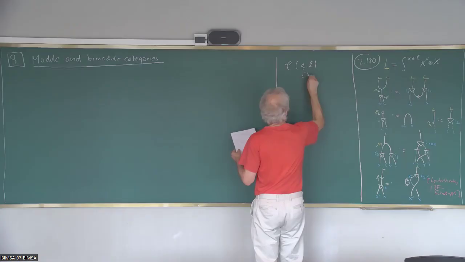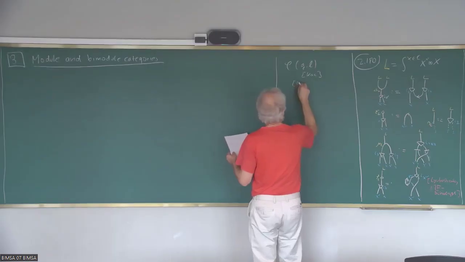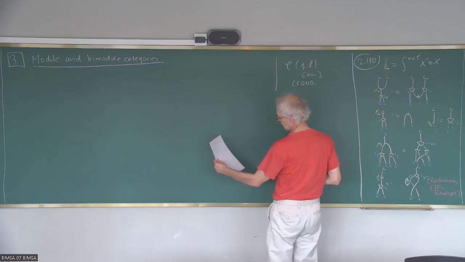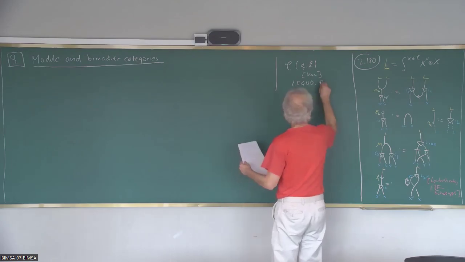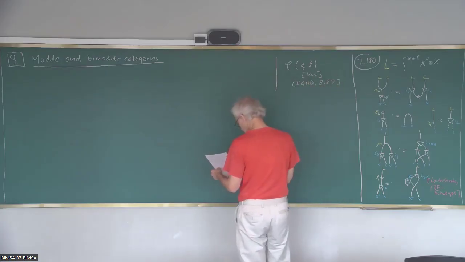And let me mention the book of Kac, where you find the modular data for that, and also the Etingof et al. book, 8.18.2 for the case of G equals SL2.